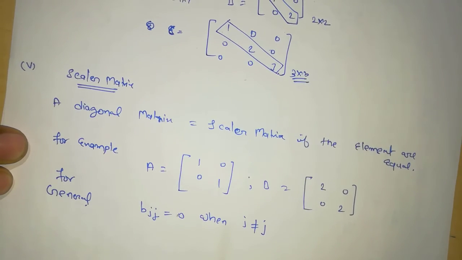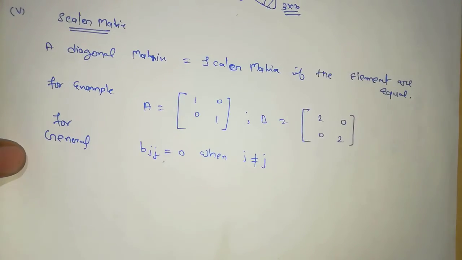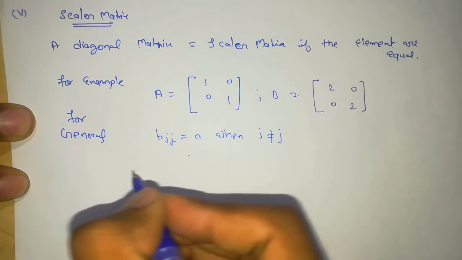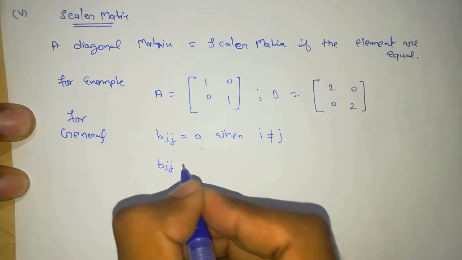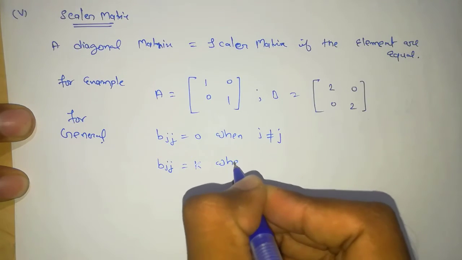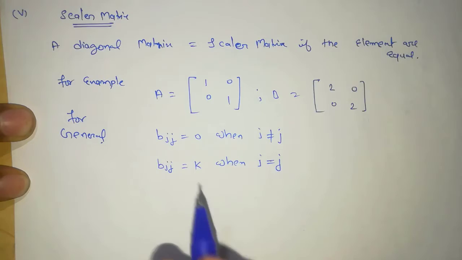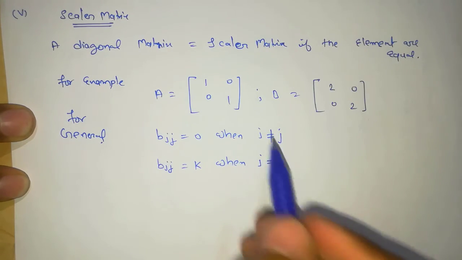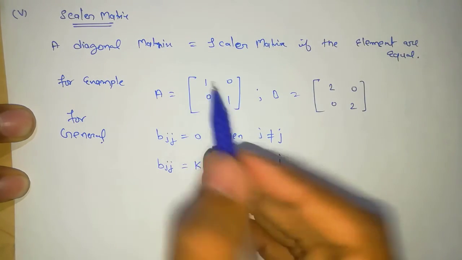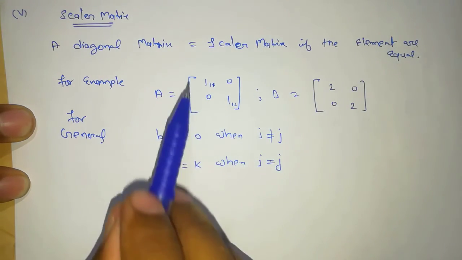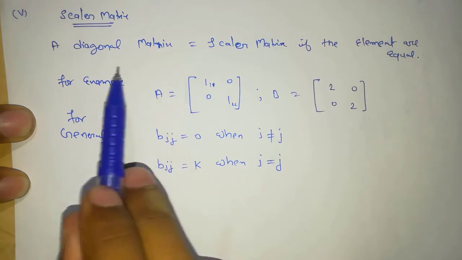And Bij equals k when i equals j, meaning the elements 1 1, 2 2, 3 3 are the same.